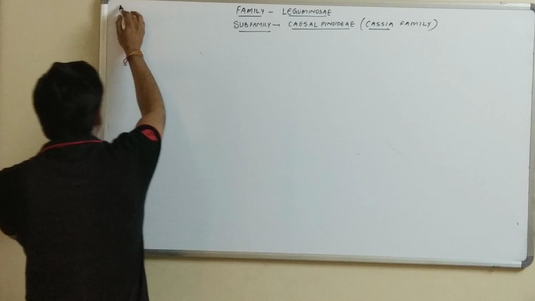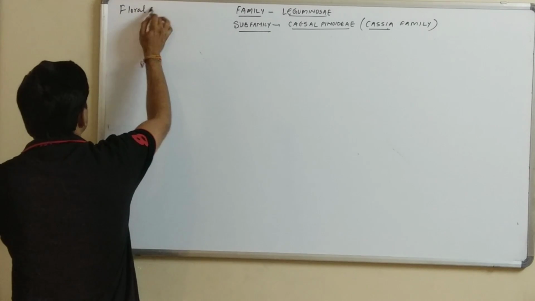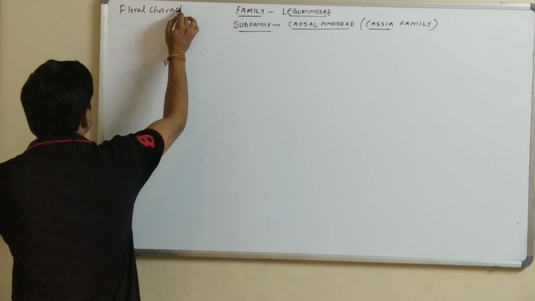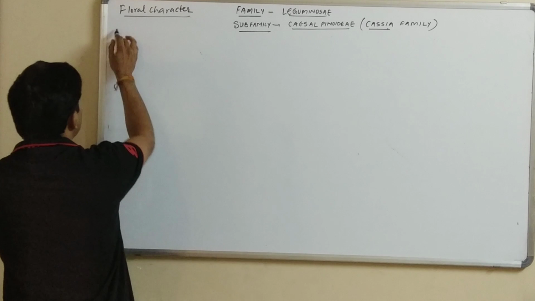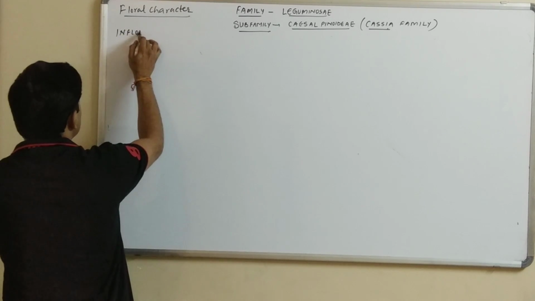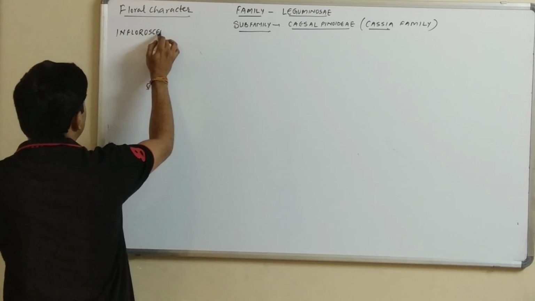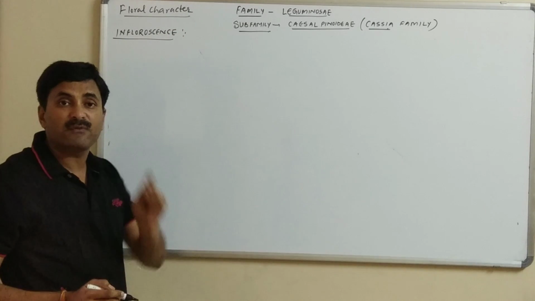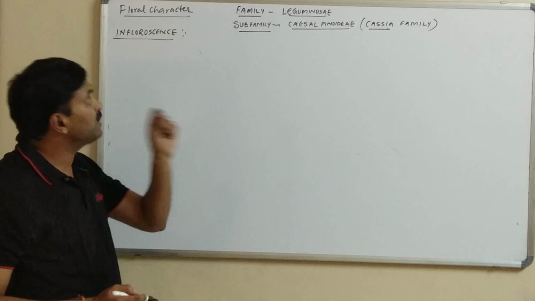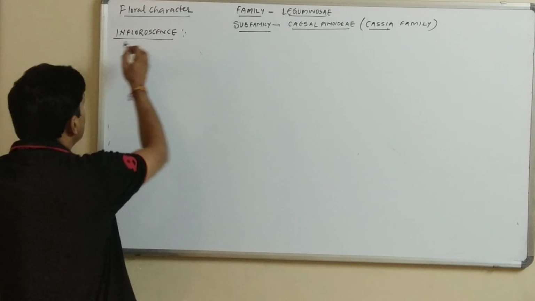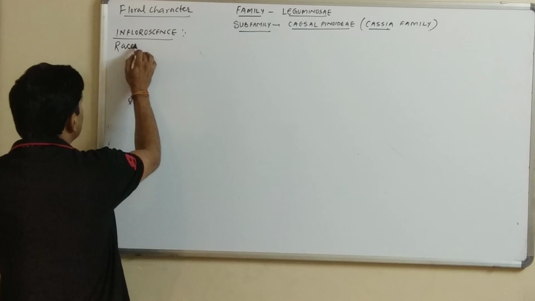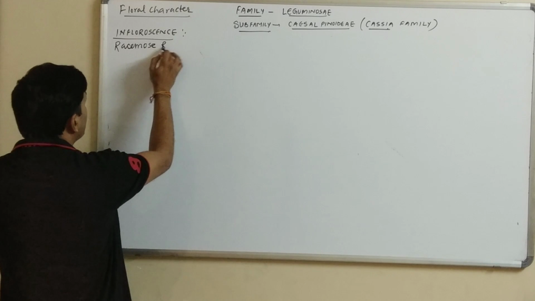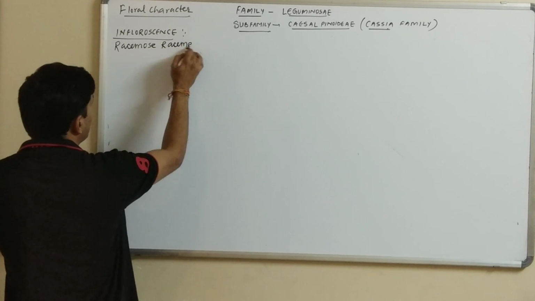The very first floral character is the inflorescence. We must know what type of inflorescence is found in this family. What is inflorescence? Inflorescence is the arrangement of the flowers on the floral axis. So here in this family the inflorescence is racemose, raceme.